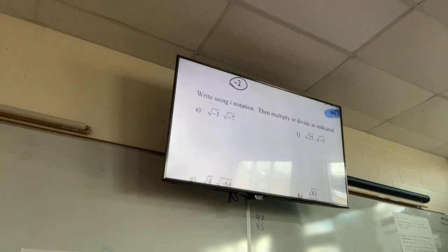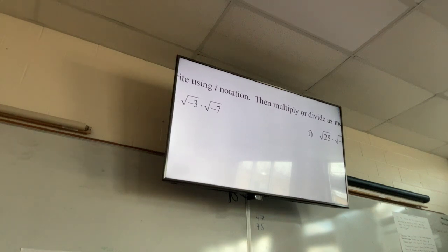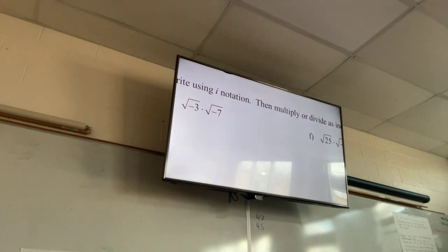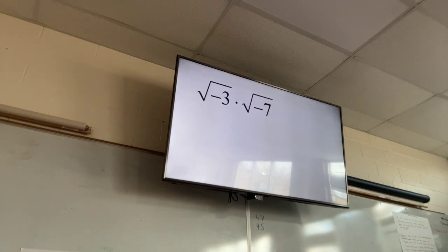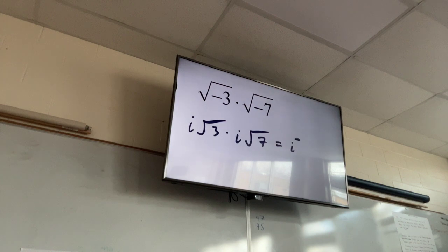So for these, sometimes you want to simplify and then multiply or divide. Other times you want to multiply and divide, then simplify, okay? So you might think of this as, okay, this is going to be root 3, this is going to be i root 3 times i root 7, which equals i squared root 21, which equals negative root 21.